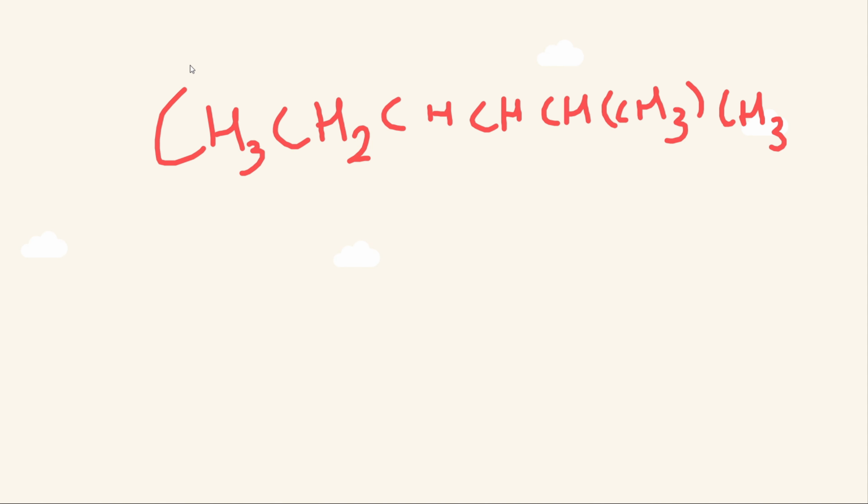Now what if we were given the condensed formula and asked to draw the structural formula? I'm just going to write a condensed formula here. This is an example of a condensed formula. What if we're asked to draw the structural formula? The first carbon has 3 hydrogens: 1, 2, 3.